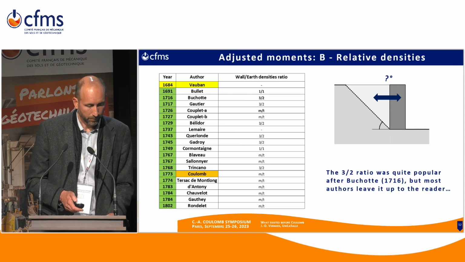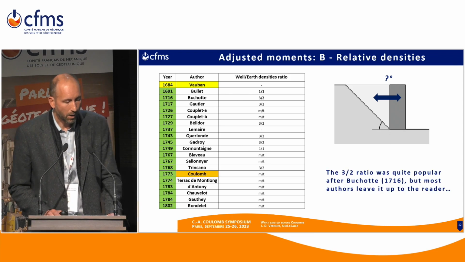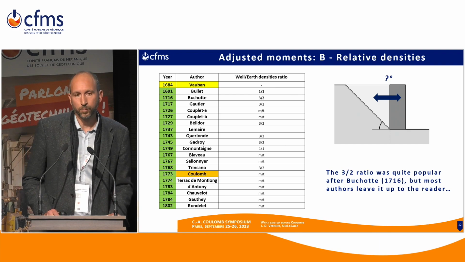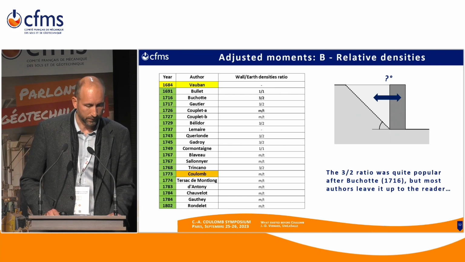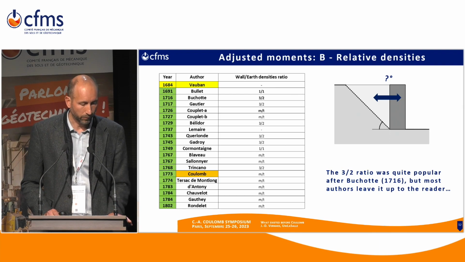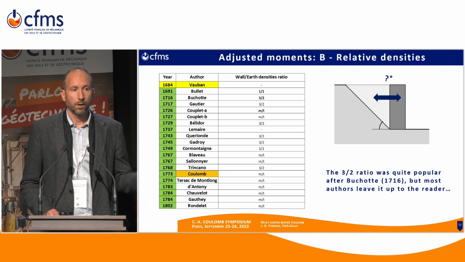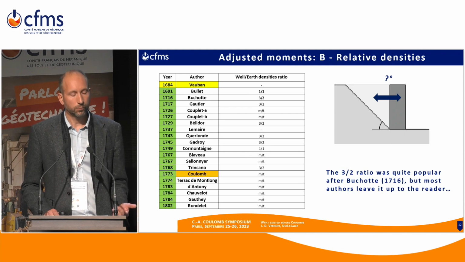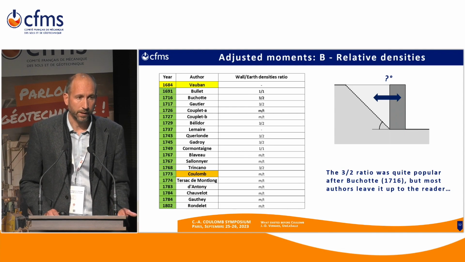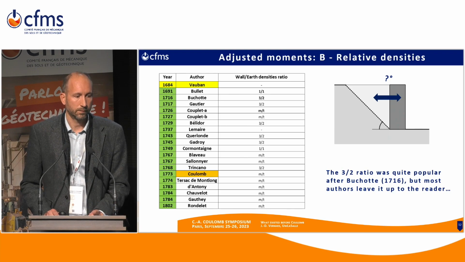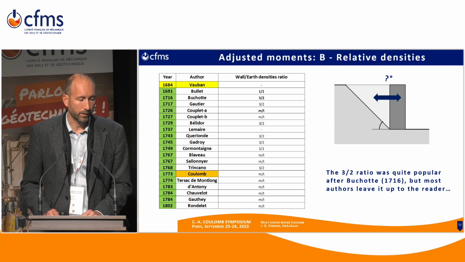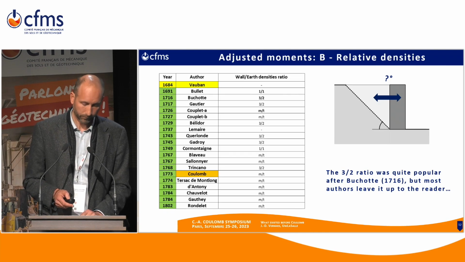There is this 3/2 ratio, which was quite popular after Buchot in 1716 and that Bélidor used. But most authors leave it up to the reader. When Coulomb himself had to use a relative density, he decided for his numerical application to equate the densities of the wall and the solid wedge, which means that this was, on the contrary, rather conservative.